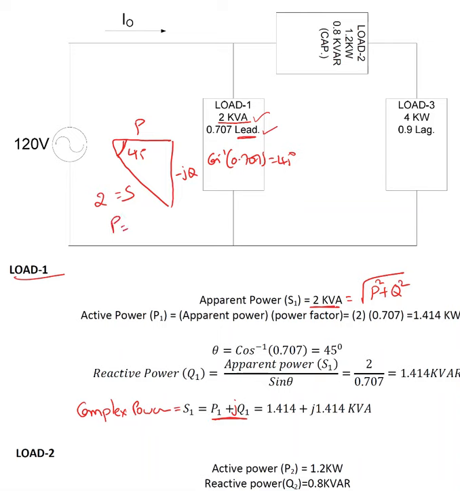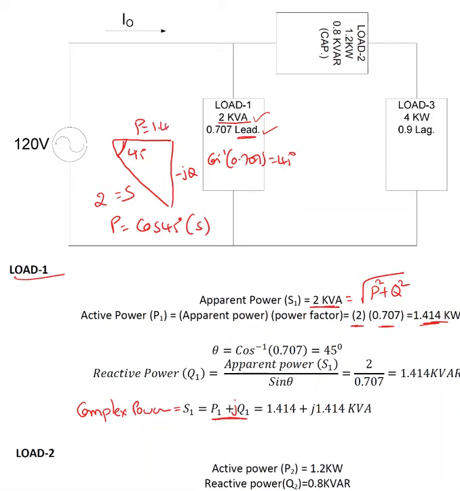P equals, can I say sine theta or sine 45? Actually, the P value you find is cos 45 times S. That's how I found the P value. 2 times 0.707 ends up at 1.414 kilowatt.